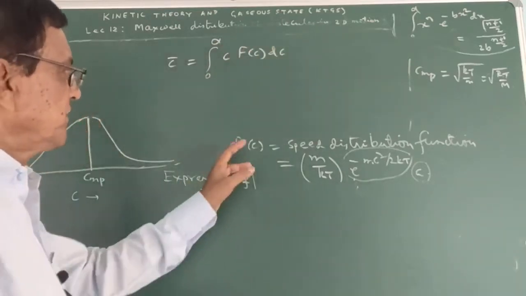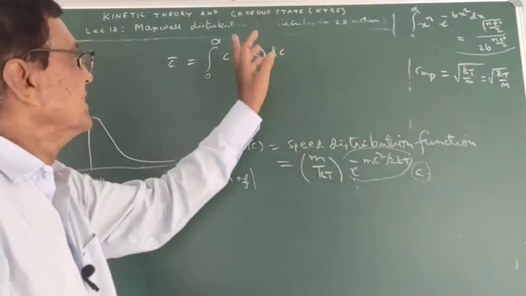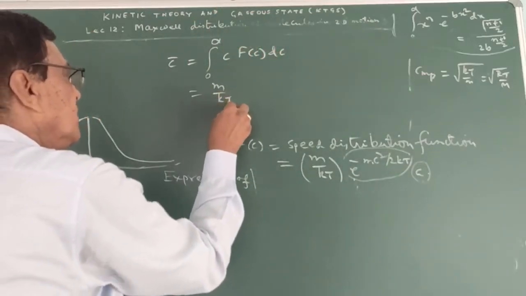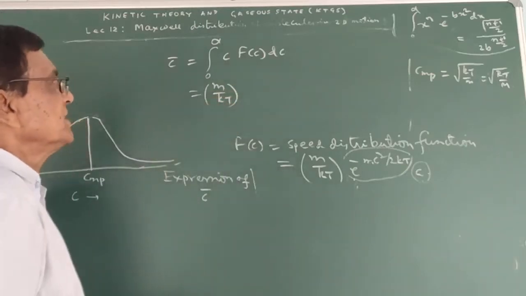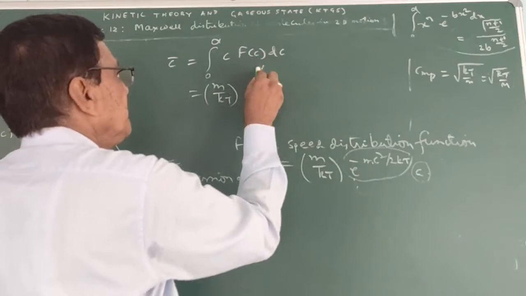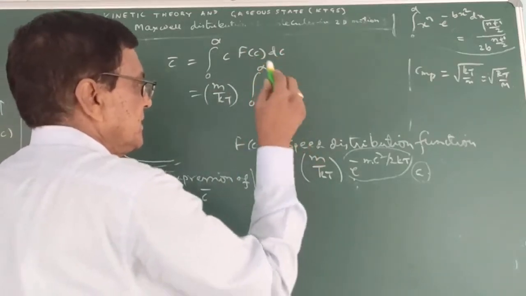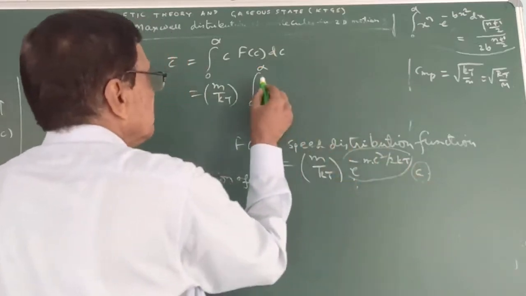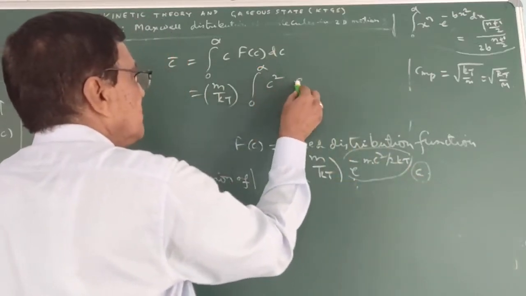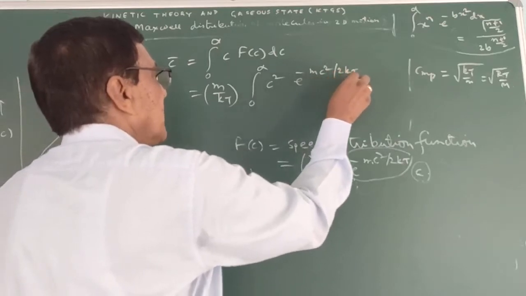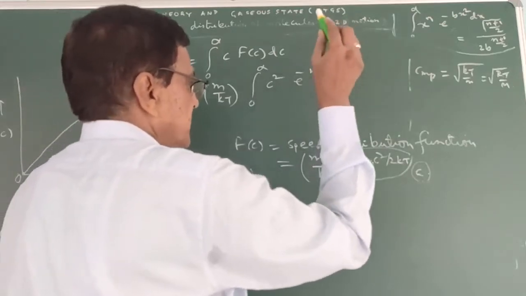If we put this value of Fc here, then m by kT will go outside of the integration, from 0 to infinity, and here C, and here C means C square, e to the power minus mc square by twice kT, and dC.